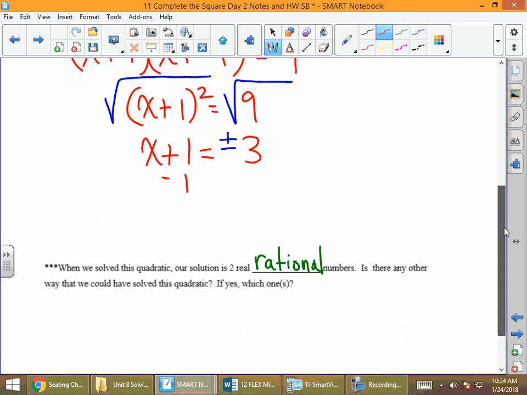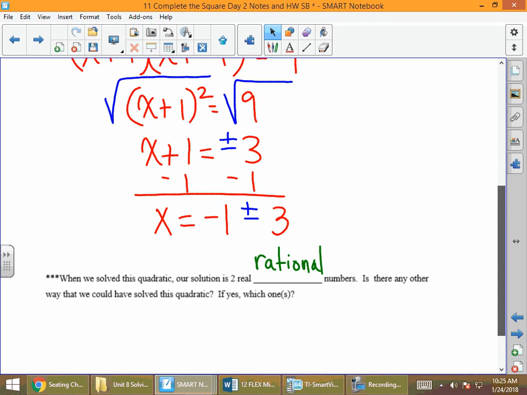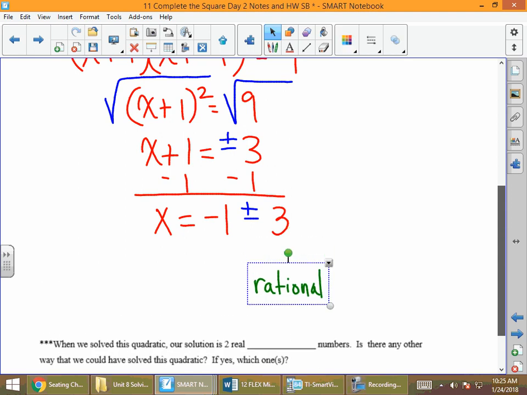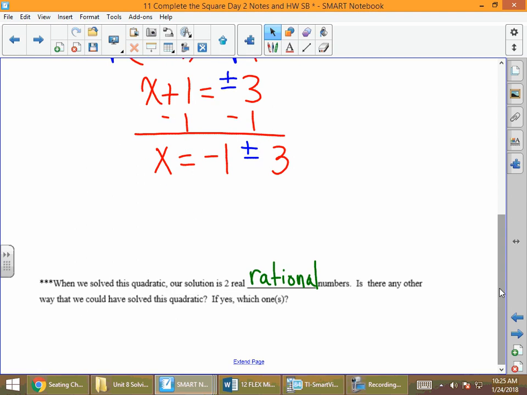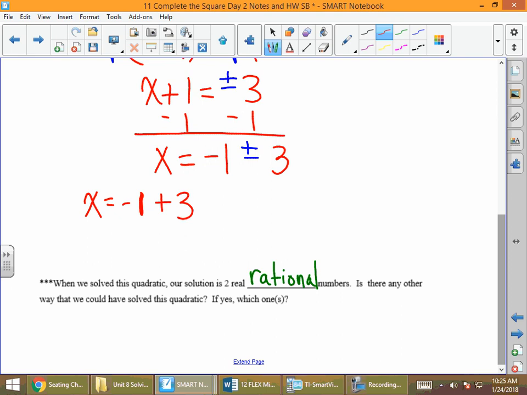So we can subtract 1 from both sides, and we get x equals negative 1 plus or minus 3. But what that also means is, as I scoot this down a little bit, hopefully you have enough space, when we calculate out that value, x equals negative 1 plus 3, but x also equals negative 1 minus 3.